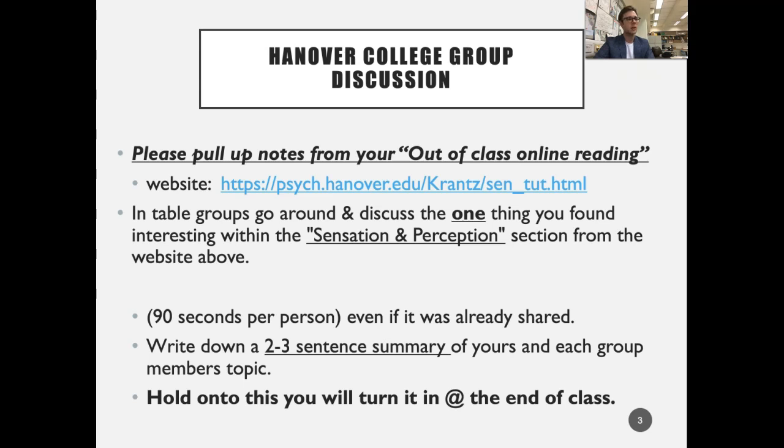So just look through the website and write a brief summary, nothing much, 2-3 sentences regarding one of the things that you found interesting within the website regarding this topic, sensation and perception. And then I'll make a little PSL drop box or comment box for you guys to put your summary in regarding what you found on this website. And then you can recall it when we come back to class.